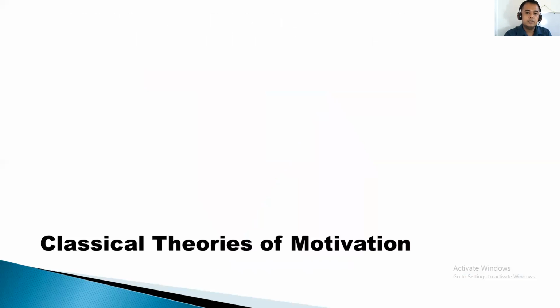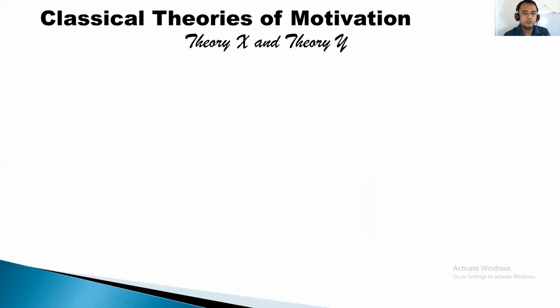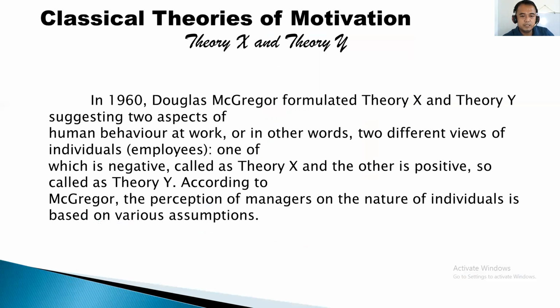While the other motivational theories are Theory X and Theory Y, which were discussed in 1960 by Douglas McGregor, who formulated Theory X and Theory Y of human behavior at work.